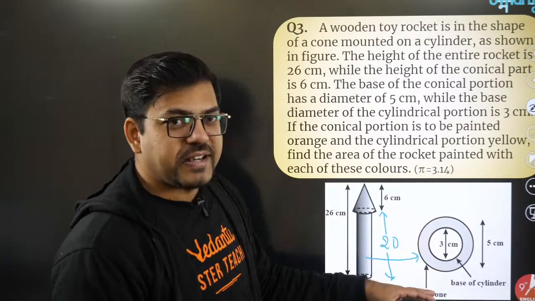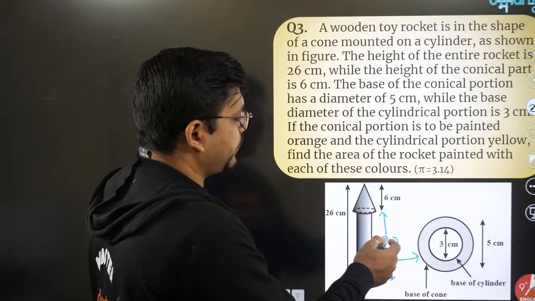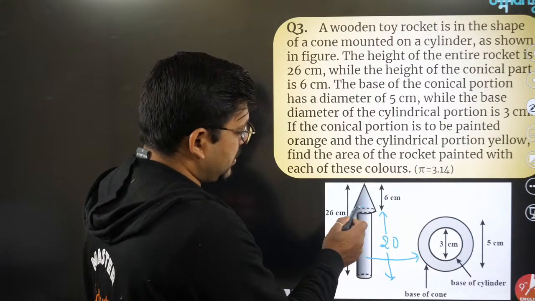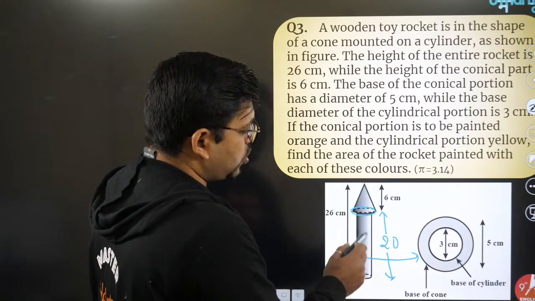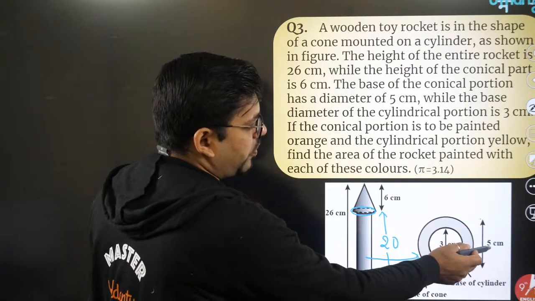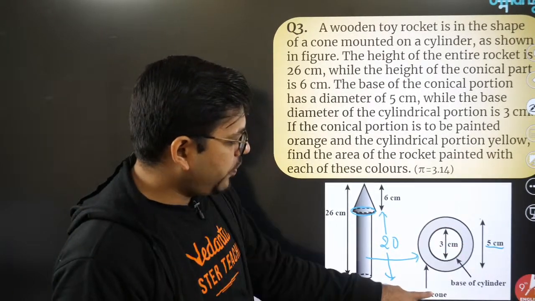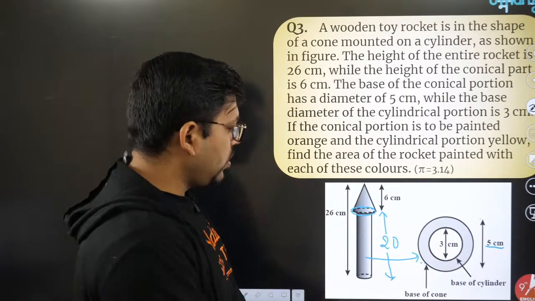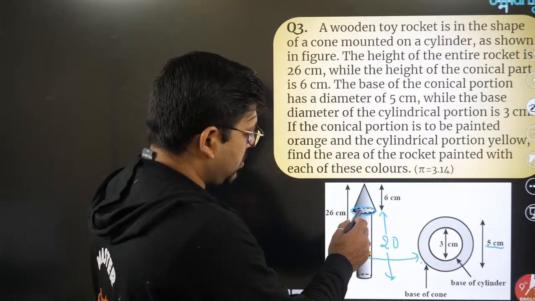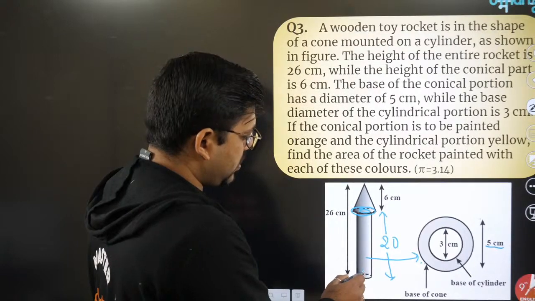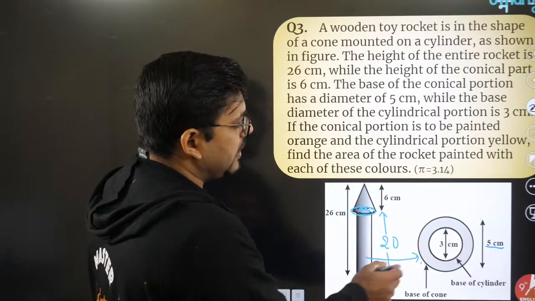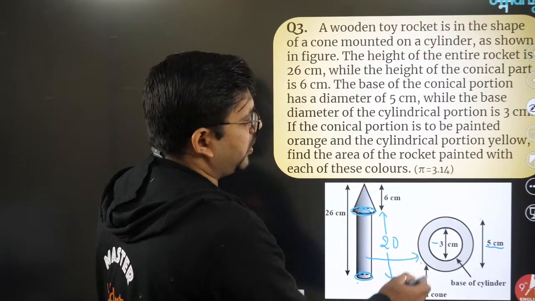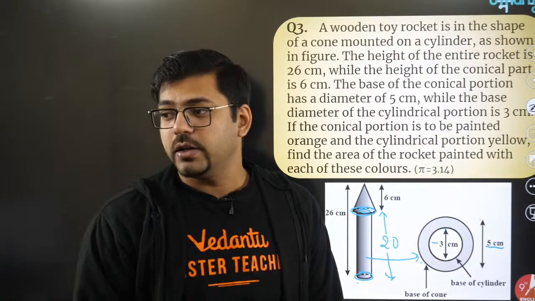This is the representation of that cone. Please pay attention. This is a cone. So cone has got a diameter of 5, and inside that cone there is a small cylinder here. So this cylinder has got the diameter 3.